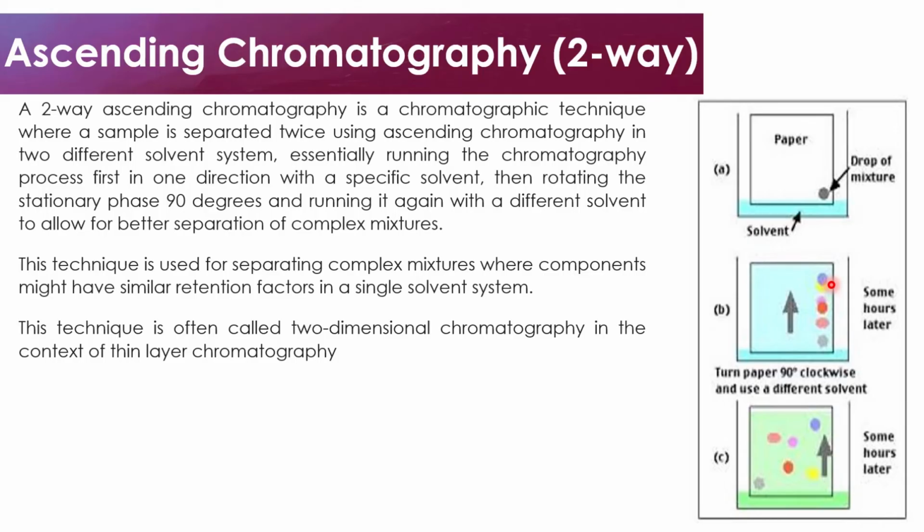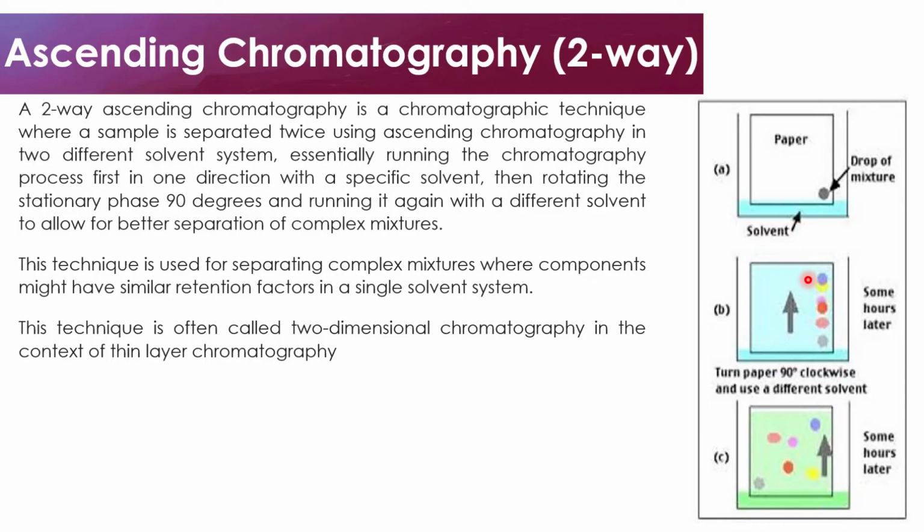Before we continue with the third setup, I would like to interpret the chromatogram, or the results, over here. As we can see, we have five components being separated: the first component, the second component, the third component, the fourth component, and the fifth component.